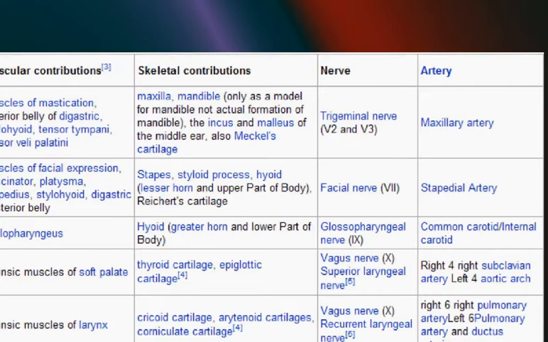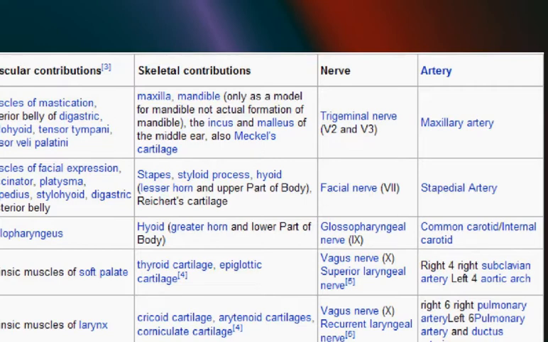Also, the skeletal contributions of the second arch include the styloid process and parts of the hyoid bone, not all the hyoid bone. The parts of the hyoid bone derived from the second arch are the lesser horn and the upper part of the body. They are derived from Reichert's cartilage.